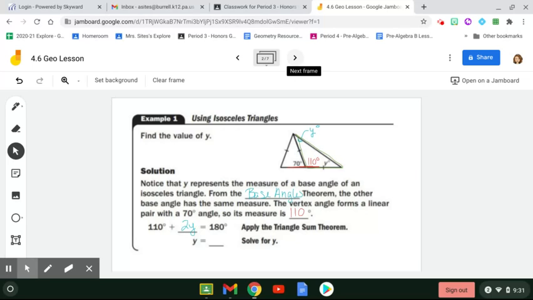So if I subtract 110 from both sides, I get 2y is equal to 70. And then if I divide both sides by 2, I'm going to get my answer, which is 35. So the correct answer for this one is 35.